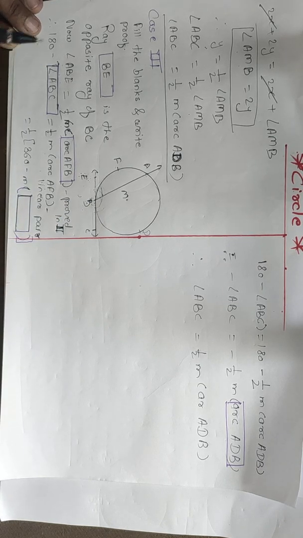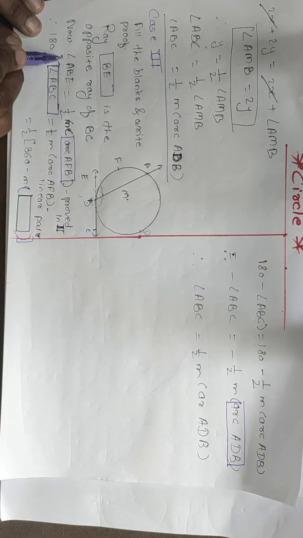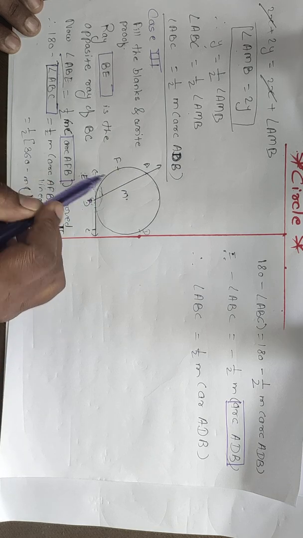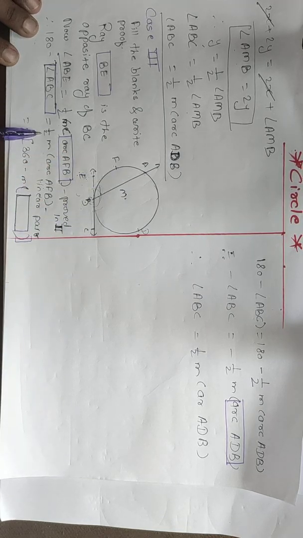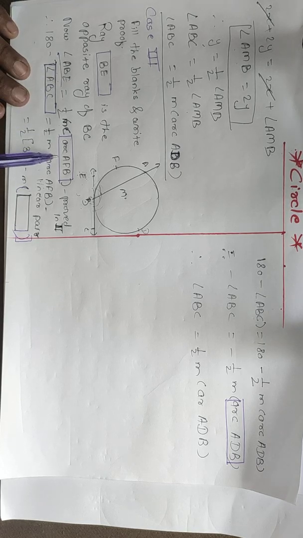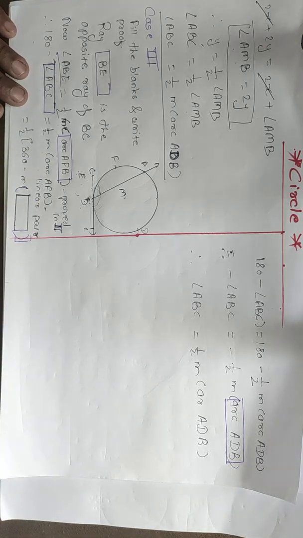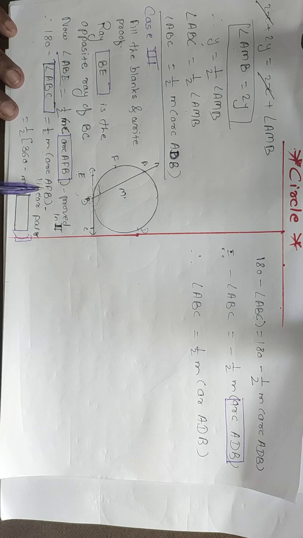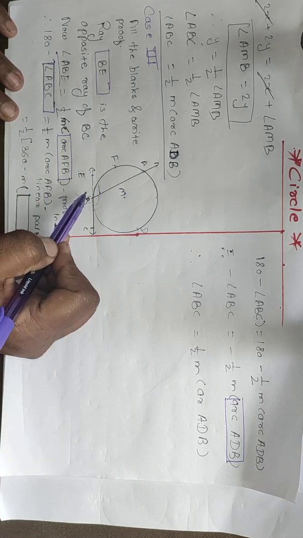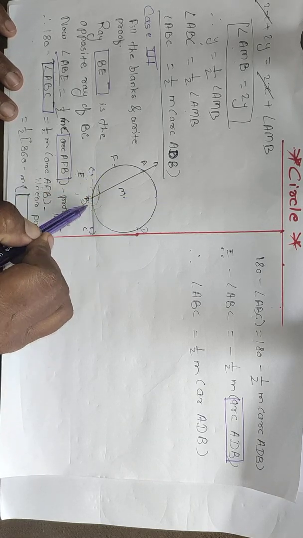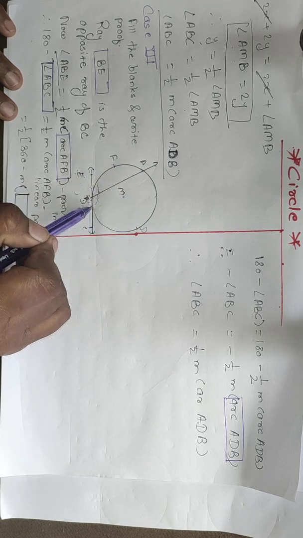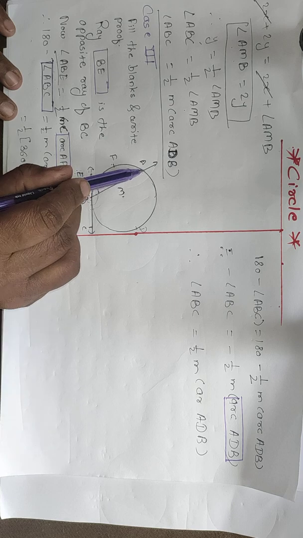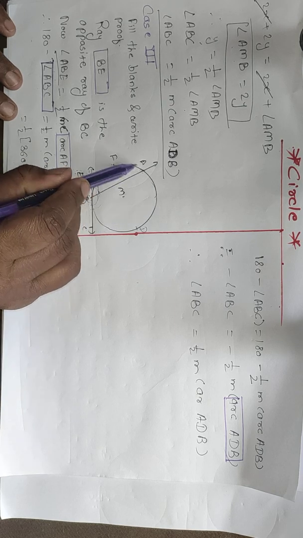Instead of ABE, what I wrote here, 180 minus ABC, means only ABE, and as you know ABE is equal to 1/2 measure of arc AFB. Already I wrote it here. Now what is AFB? The whole circle is 360, and if we subtract arc ADB from it, then we will get arc AFB. The whole circle is 360.